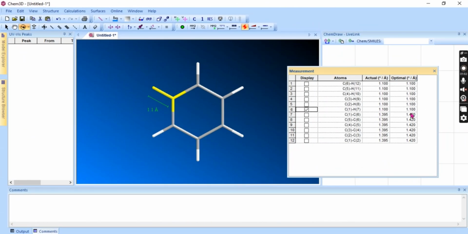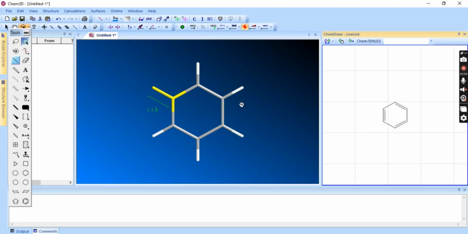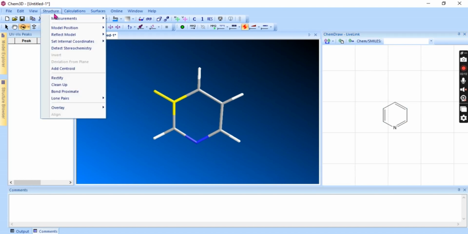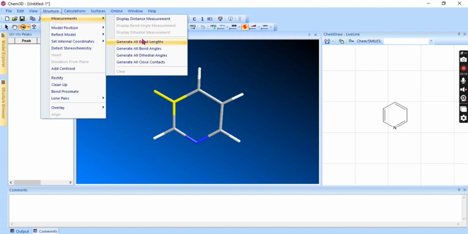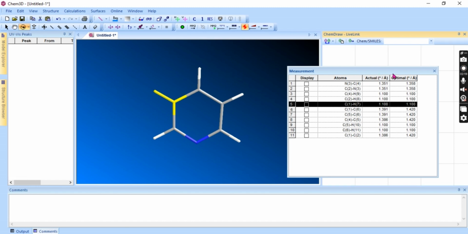So this is a small molecule to check. If we have a larger molecule other than benzene, let's make it a nitrogen-containing ring like pyridine. We will have different types of lengths. So we generate. Okay, let's check what actually differs.